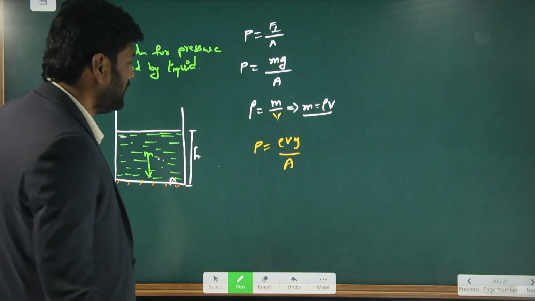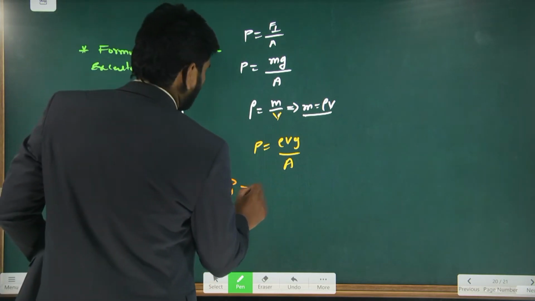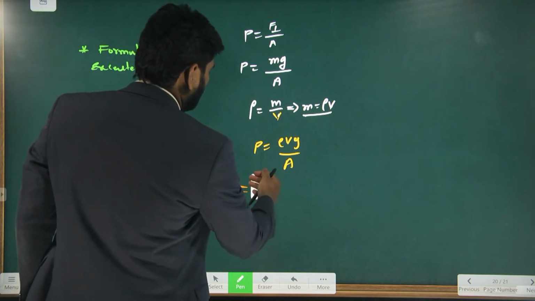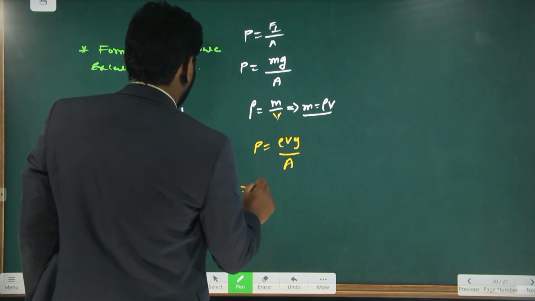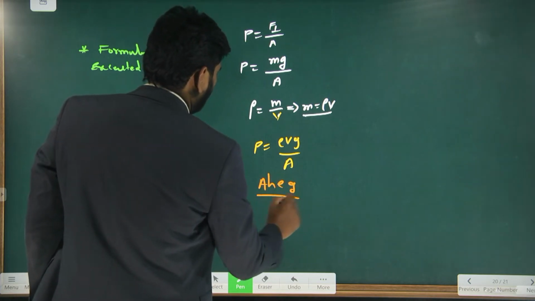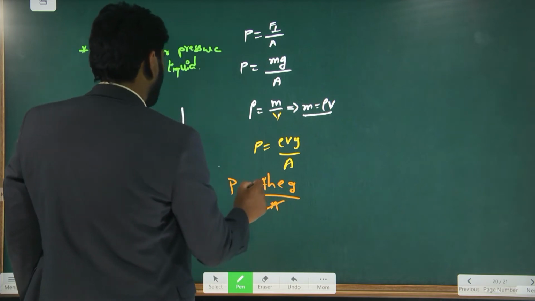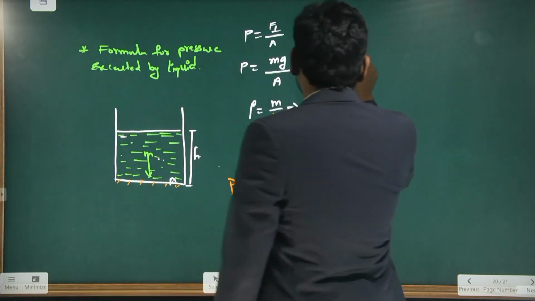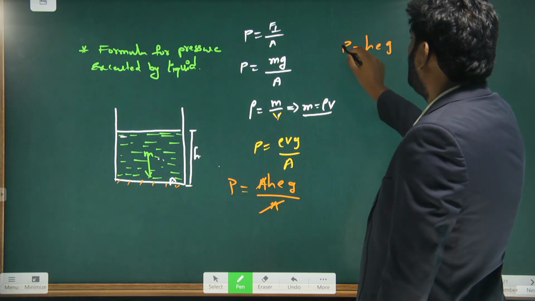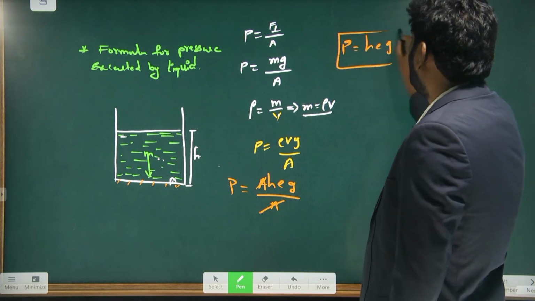Then pressure is equal to height into area into density into g by area. The area gets cancelled. The remaining thing is pressure is equal to H rho g. So this is the formula for pressure.